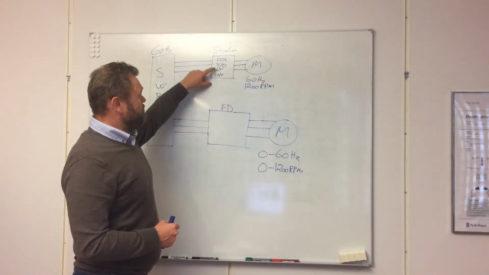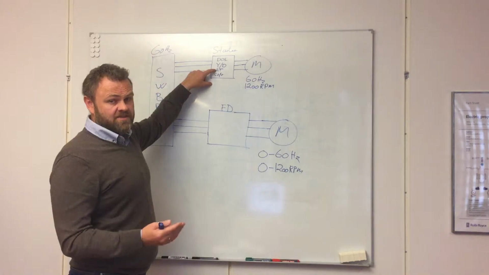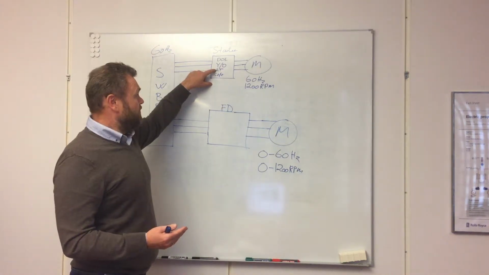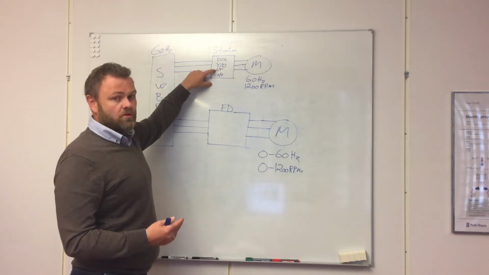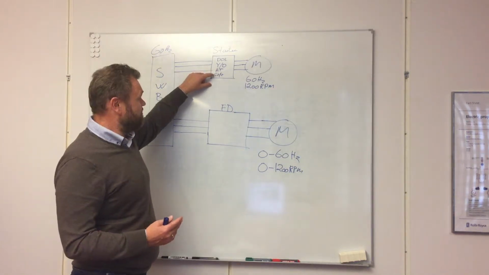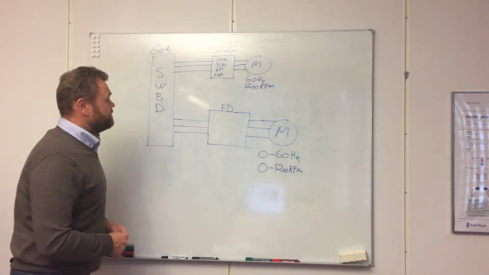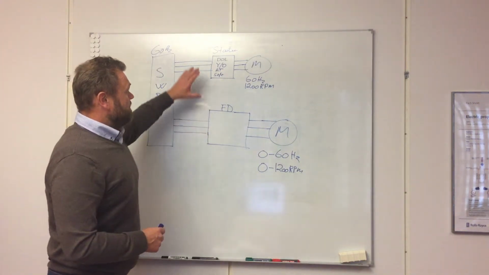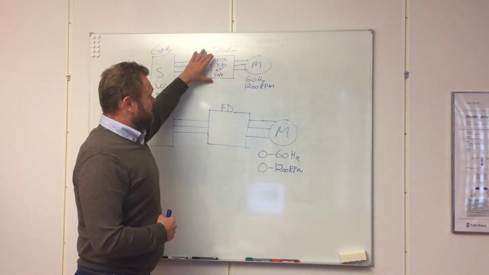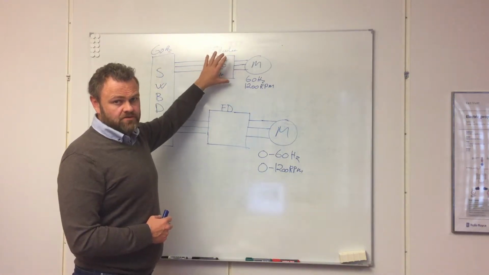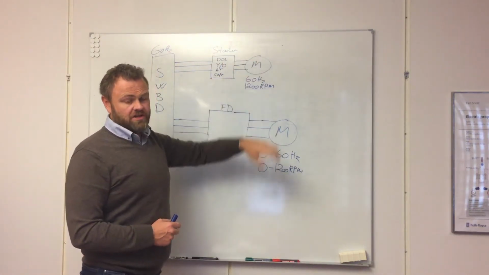Or you may choose a less expensive auto transformer start, because that gives you almost the same benefits as the soft start, but costs a lot less. So that's just the different starting methods to start the electric motor.